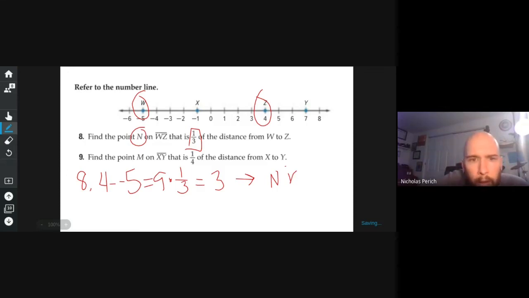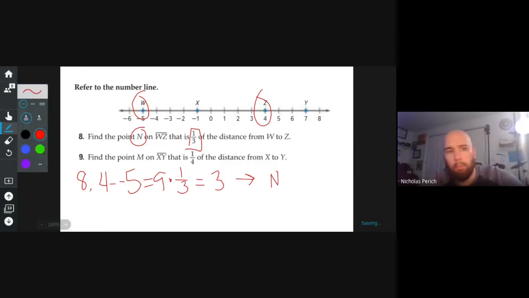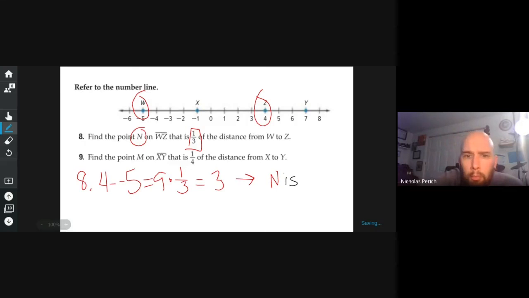What number is 3 dots away from W to Z? Nope. Santiago, you're thinking beyond Z. Start at W. There's my 3 spaces. It's -2.